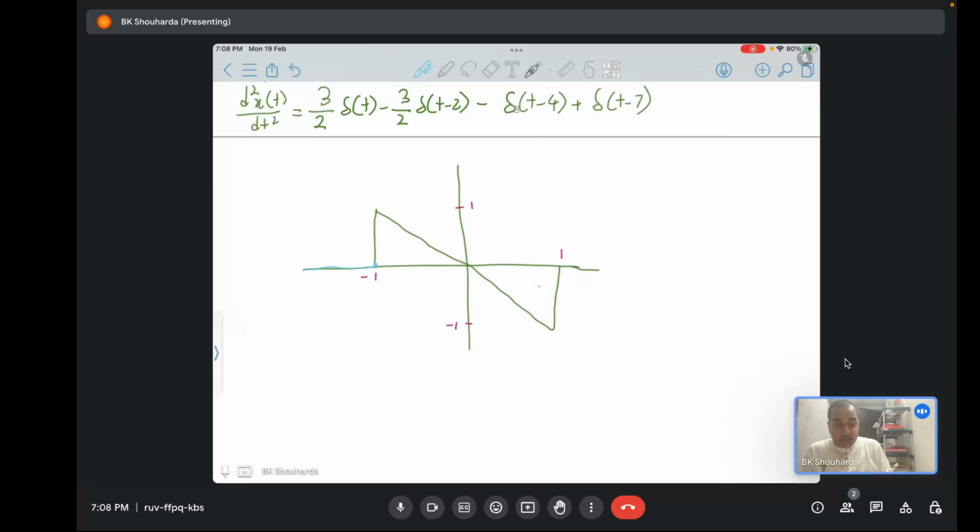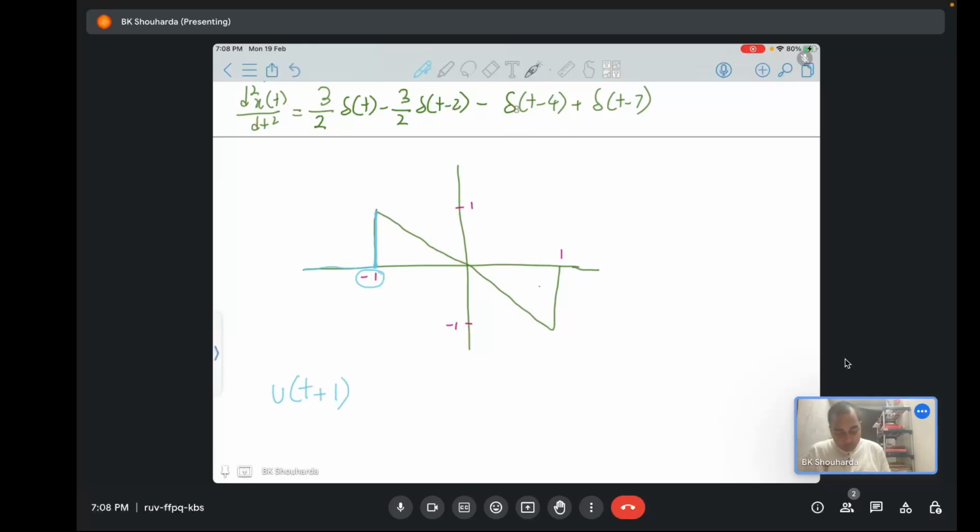What is this change? This change is a change in amplitude, not in slope. It's a straight line. So what will I write first? The change in amplitude is 0 to 1. That's a positive change. And where is it happening? It's happening at minus 1. So I write u(t plus 1).